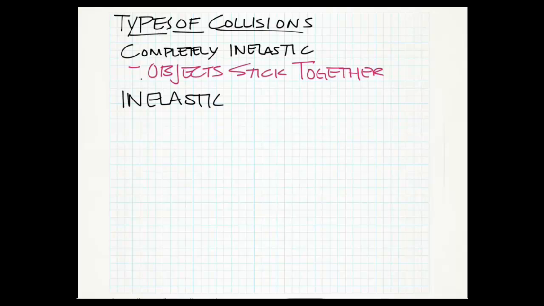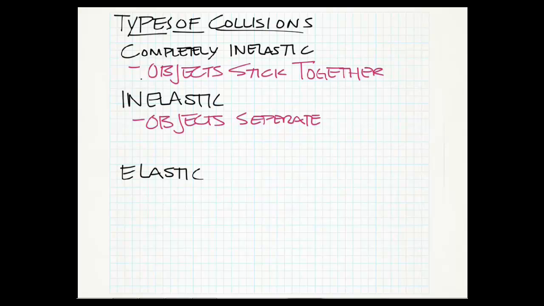In this, objects separate. They move apart. I'm going to leave some space to talk about what else is notable about an inelastic collision. And then we have elastic collisions, and in elastic collisions, the objects also separate.